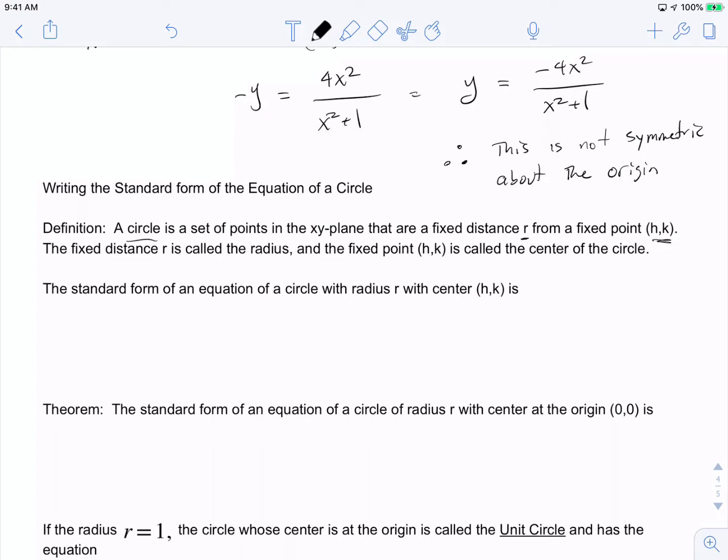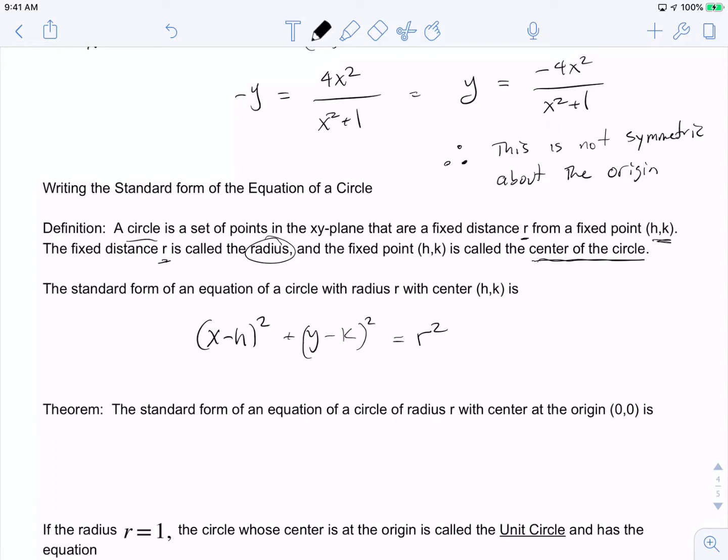The fixed distance r is called the radius, and the fixed point (h, k) is called the center of the circle. So (h, k) is the center, while the r is our radius. The standard form for this equation then is going to be x minus h, that quantity squared, plus y minus k, that quantity squared, is equal to the radius squared.